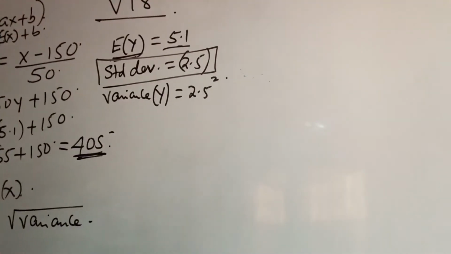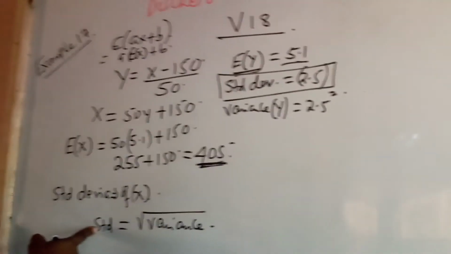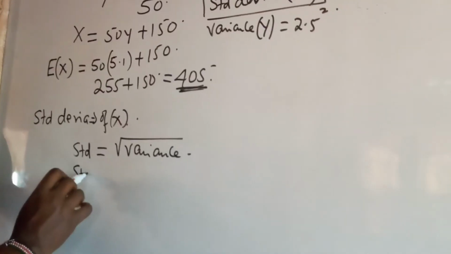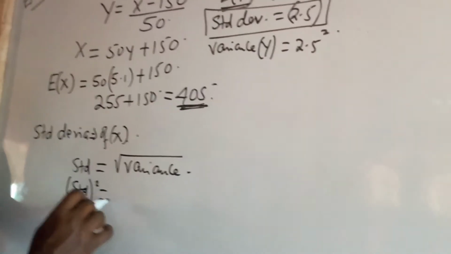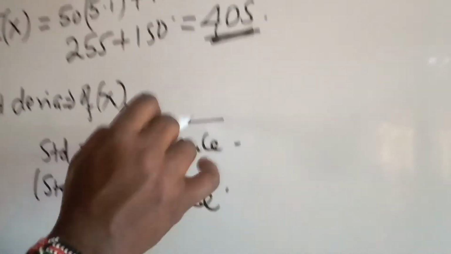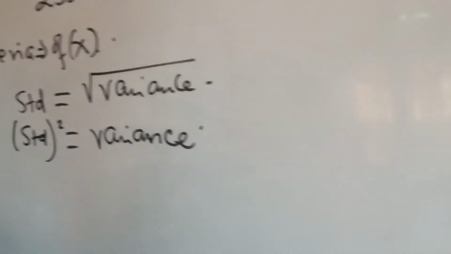The standard deviation squared is the variance, because when you square both sides, you eliminate the square root sign.